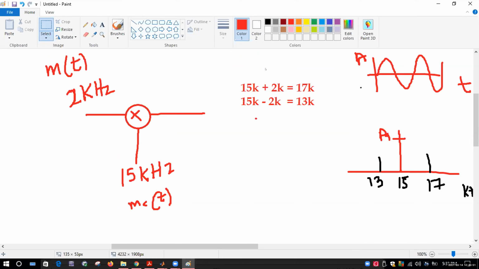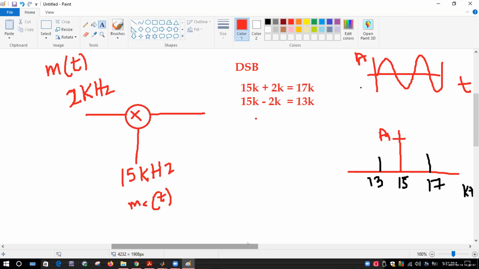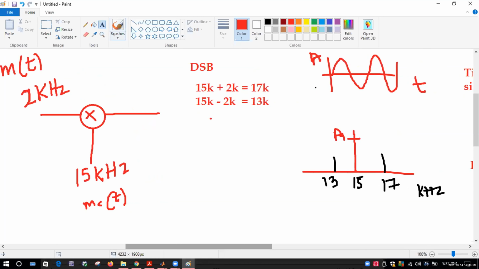So what is DSB now? Double sideband, DSB. We have two sidebands. These are called sidebands. This one is called the lower sideband, LSB. This one is the upper sideband, USB.